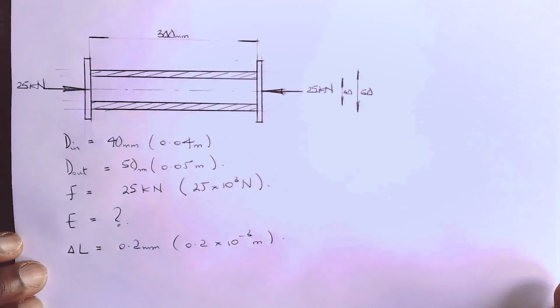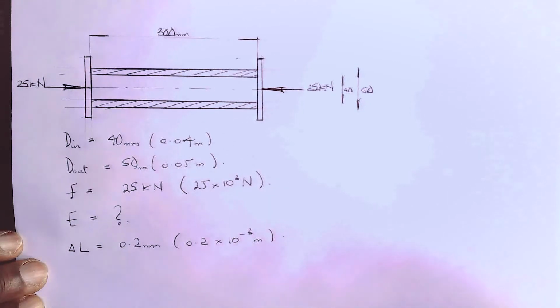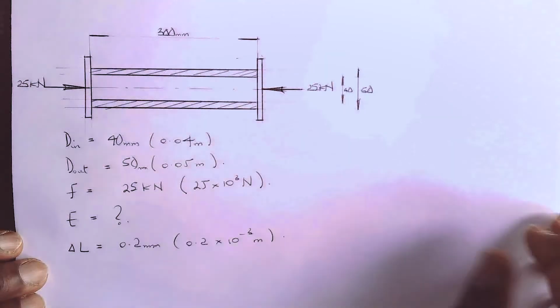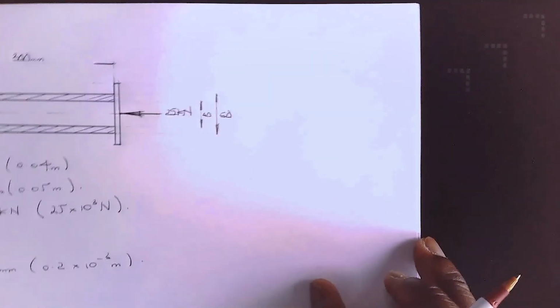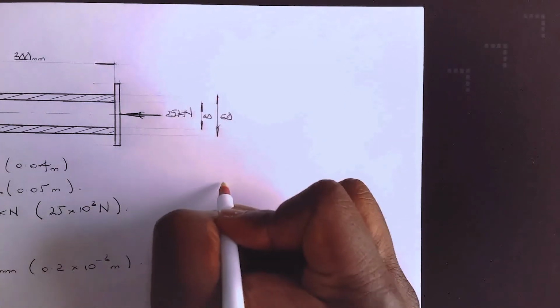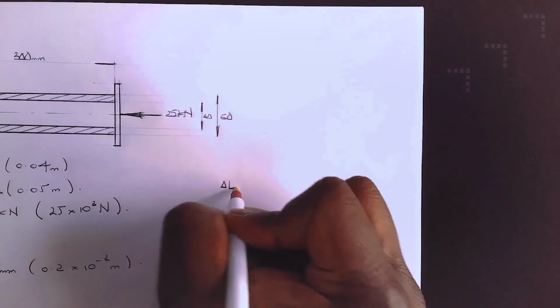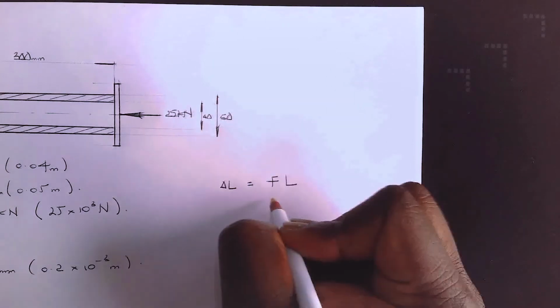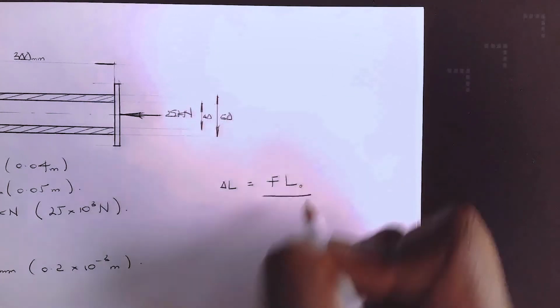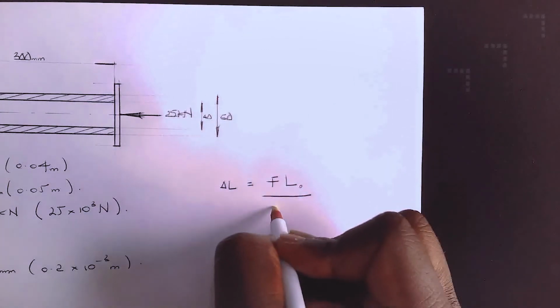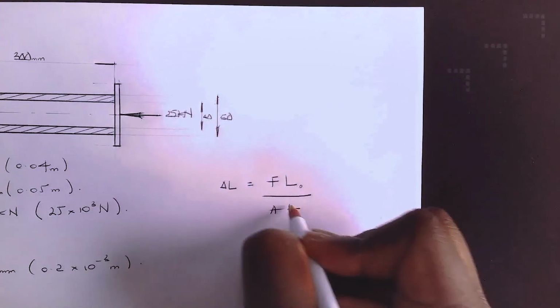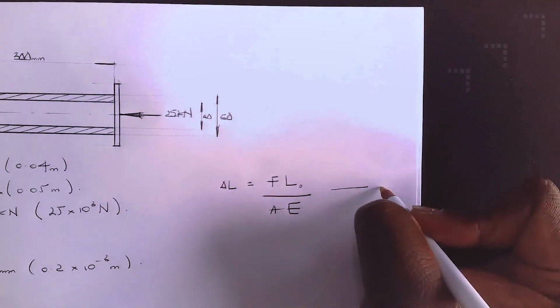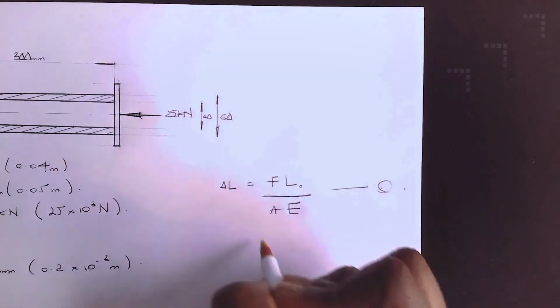So the first thing that we need to do is to calculate the strain. So we're going to do this in two ways. We can either use the linear deflection formula. So linear deflection, or the change in length, is equal to F times the length, original length, let's denote that L naught, divided by the area times E. So let's call that equation 1.